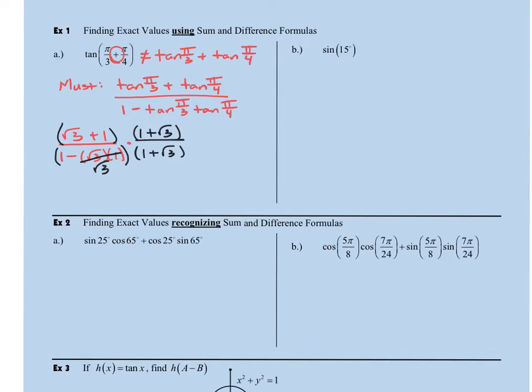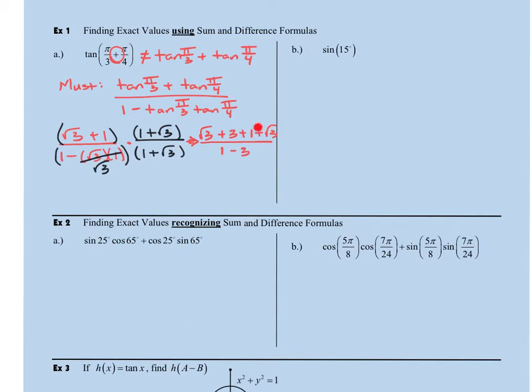So then, as we foil this out, we're going to end up with our square root of 3, and then plus a 3, plus a 1, plus another radical 3. And then in the denominator, we're going to have a 1 minus a 3.